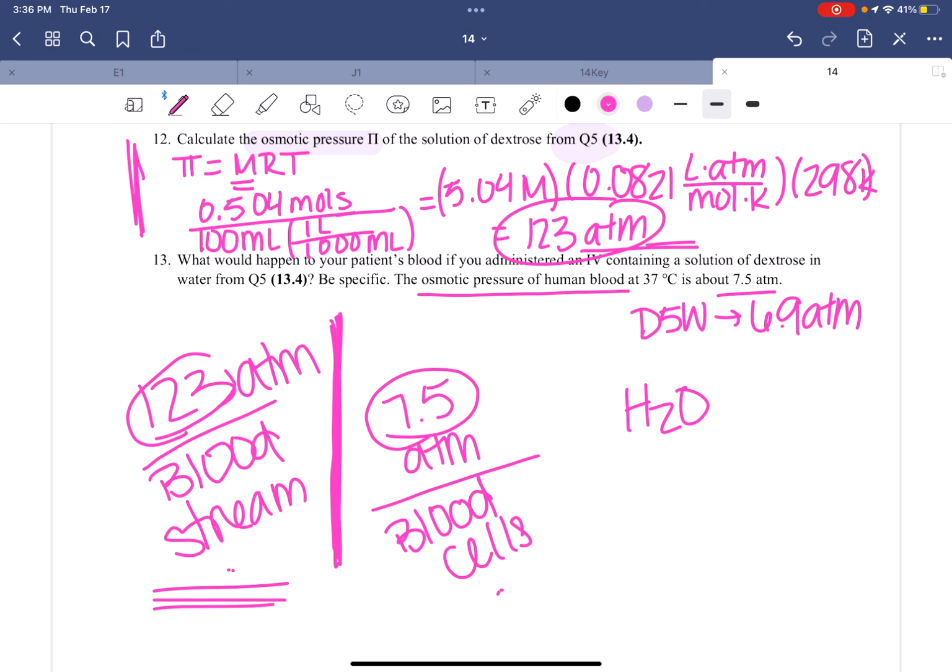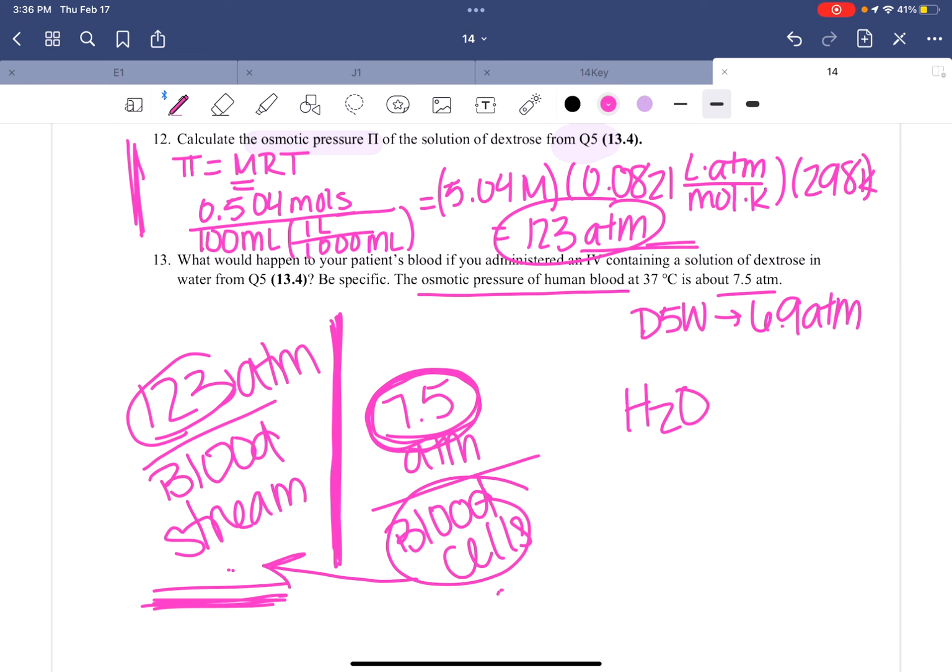And so we want to try and match our typical blood cell pressure. So the water is going to travel from your blood cells into your bloodstream. But what happens then is that your blood cells are going to shrink because water is leaving those cells to compensate for the higher concentration in your bloodstream.